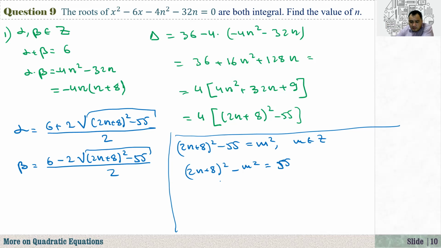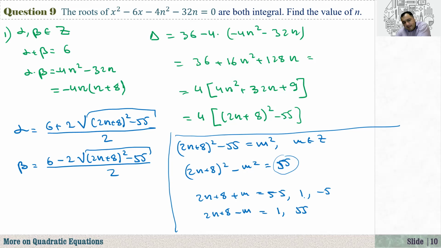Since m is positive, I can write 2n plus 8 plus m and 2n plus 8 minus m as integers whose product is 55, maybe 55 and 1, then 1 and 55. Can it be minus 55? Even if it is minus 55, right?